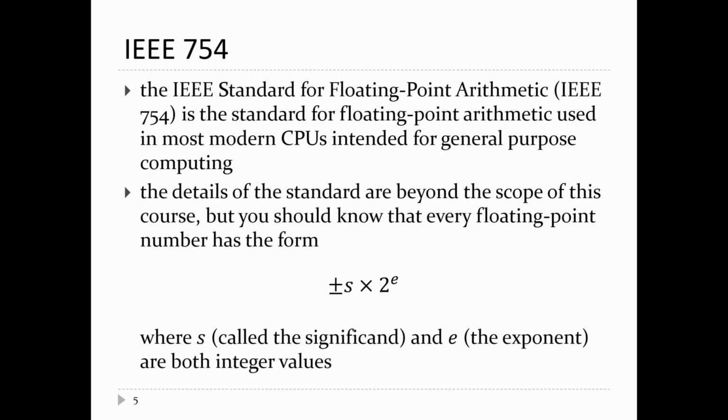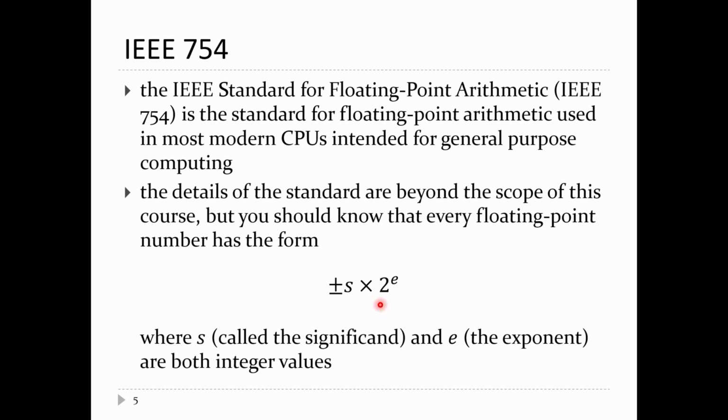It's not your job to understand the entire standard. What you care about, though, is that all floating point numbers are represented like that on your computer. Every floating point number is signed, so plus or minus. There's some integer value called s, or the significand, and you take that integer value, multiply it by 2, and raise it to some integer exponent e.